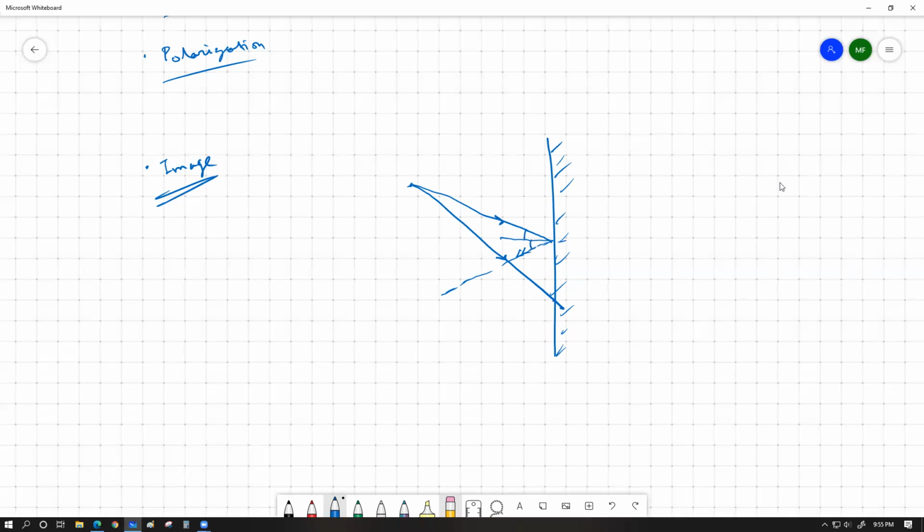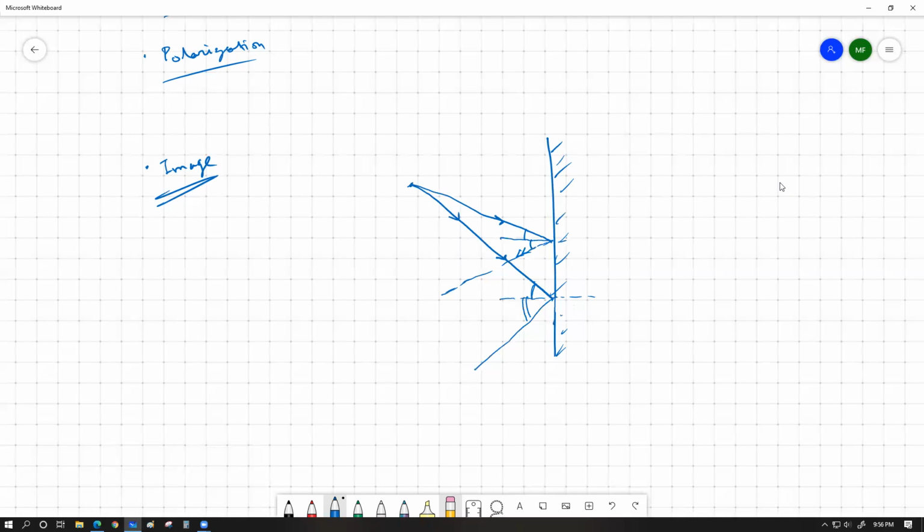And this second ray, which is coming by, will also be reflected off the mirror, where it also makes equal angle with the perpendicular.